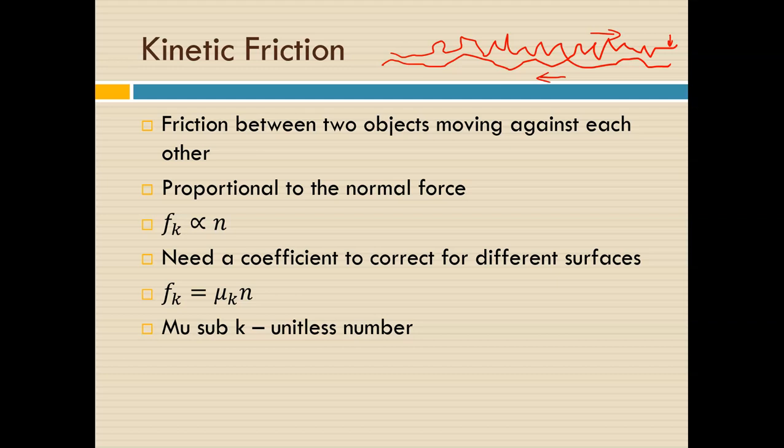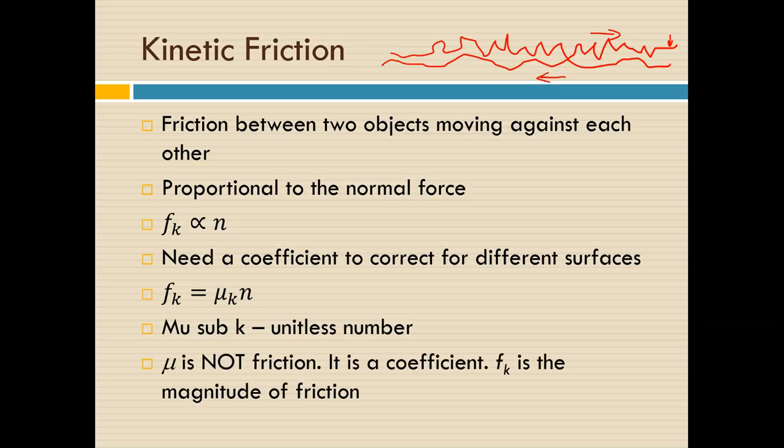Here's a place where a lot of students make a mistake. You look at mu k and you think that's friction. Mu k is not friction. Mu k is the coefficient of friction. F sub k is the magnitude of the frictional force. Okay? So mu k depends upon the surfaces.